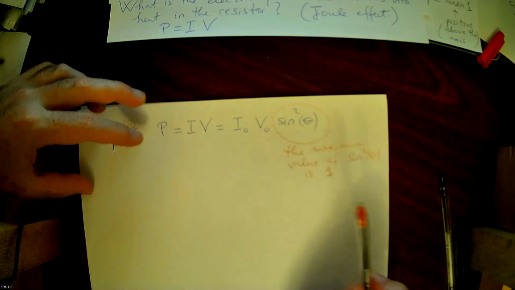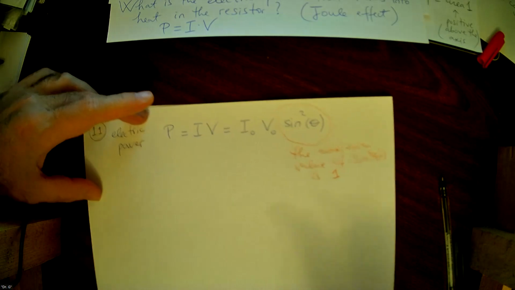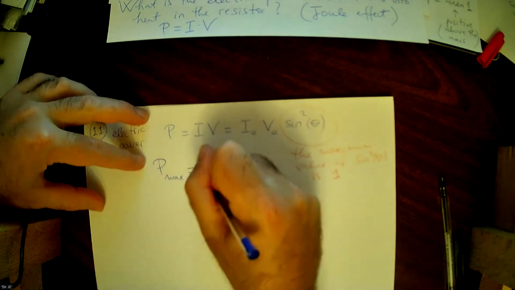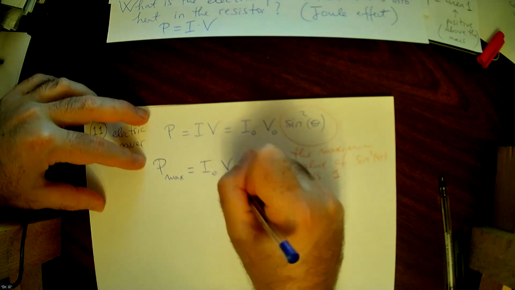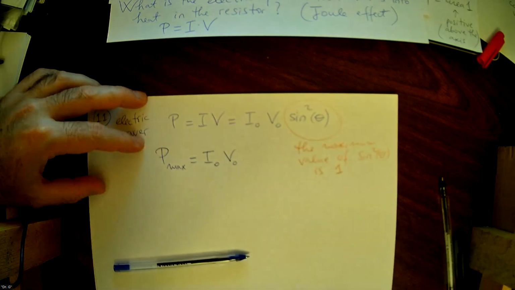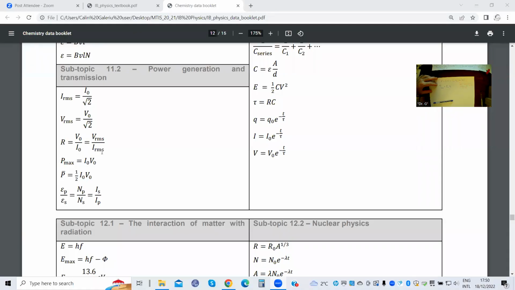When sine squared reaches its maximum value, the maximum power P max is I0 V0, which is this formula right here from the booklet.